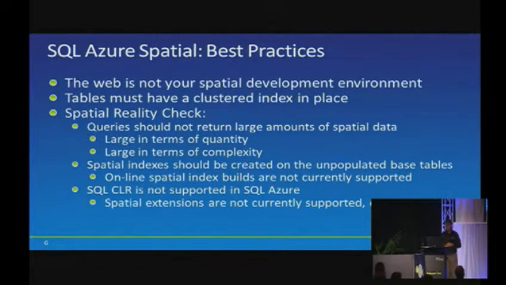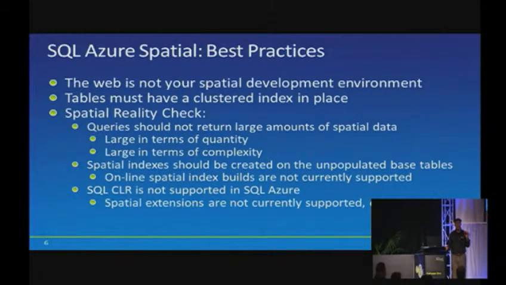So let's take a look at another thing. Tables must have a clustered index in place. So if you attempt to commit a table from an existing SQL Server instance up to the cloud and it doesn't have a clustered index in place, it will fail to commit. So is this a big deal? The answer is no, especially for spatial.